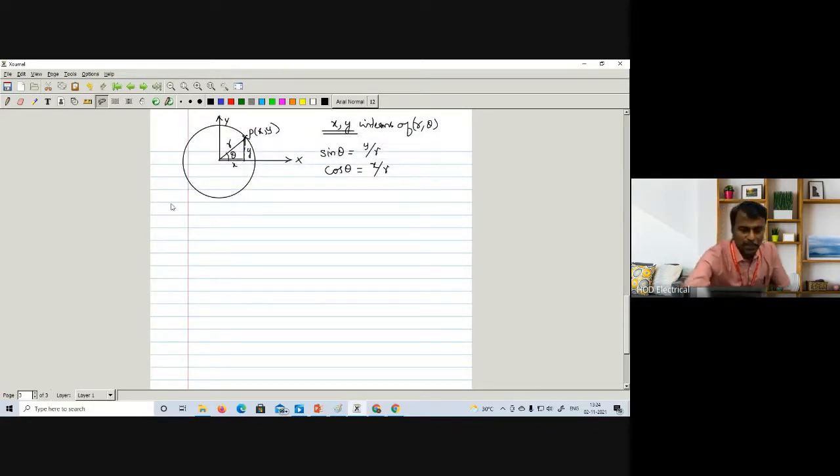Now we can write x equals r into cos theta, y equals r into sin theta.